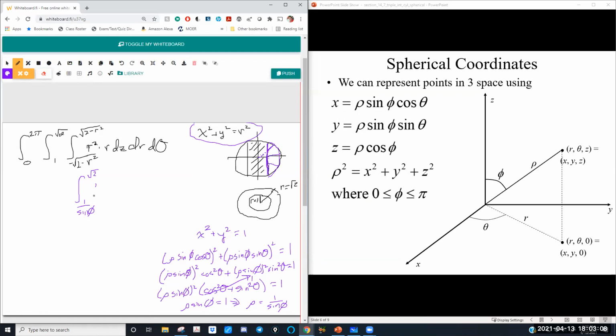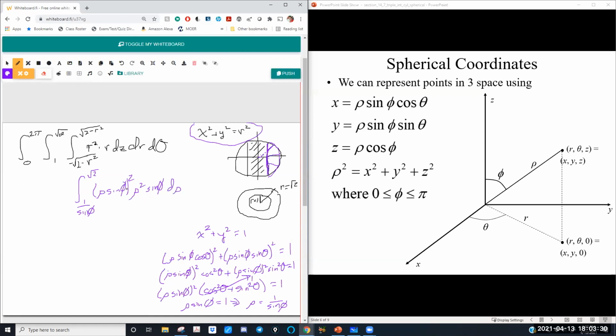All right, so that's rewriting our function in terms of spherical. And then remember, we also need the rho squared. This is just part of our dv, sine of phi. And we did rho first.